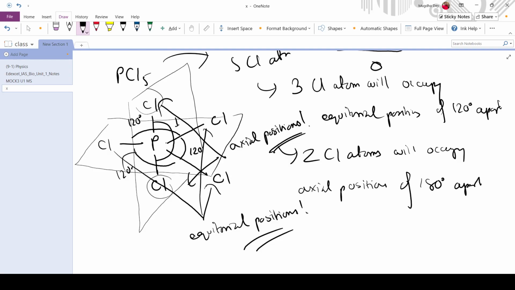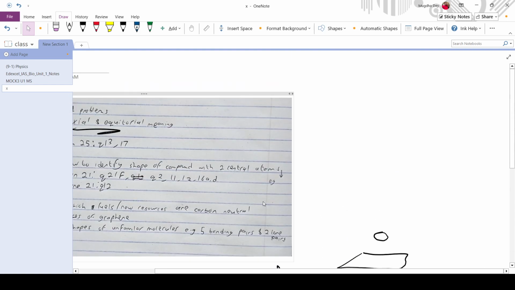I think you can understand the whole thing, right? Okay, Rakshit, did you understand? Okay, I think you understood. Let's move on to the next one.